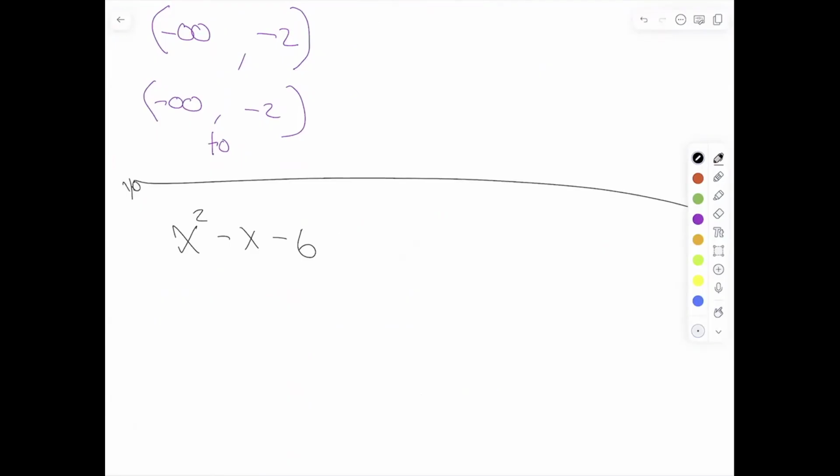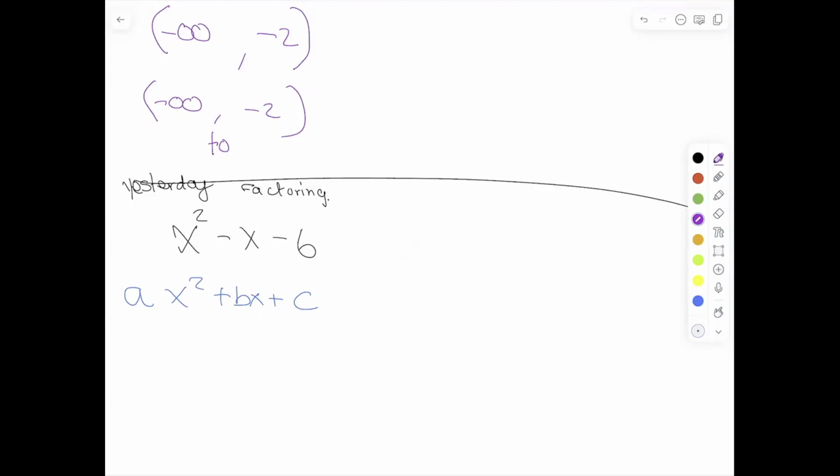So yesterday, we were doing factoring, right? And factoring is to break apart. And we said that this is the same thing as ax squared plus bx plus c. What is the c value here? -6.